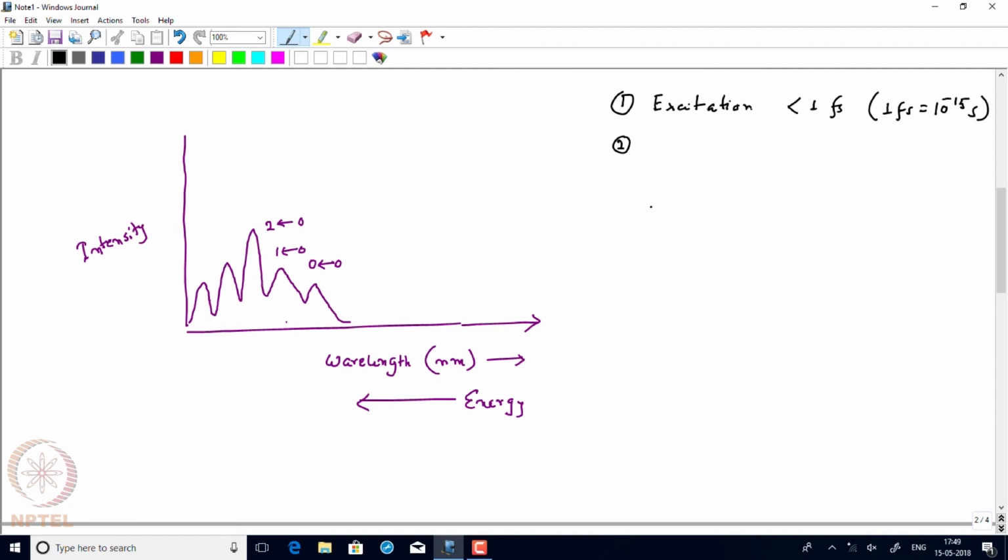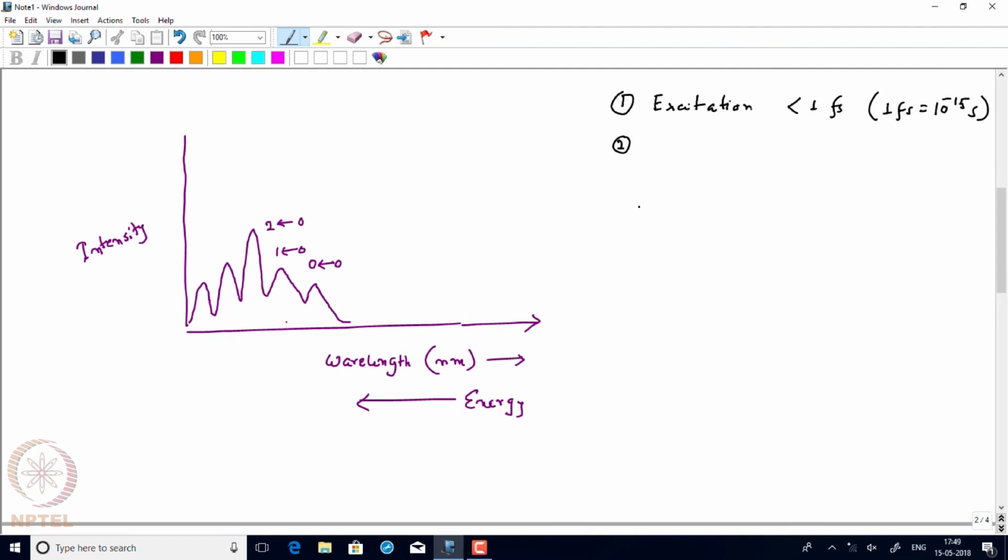We said that everything is starting from v equal to 0, but some higher v, not equal to 0, will have the maximum Franck-Condon overlap, and for that we have a particular structure in the vibrational electronic spectrum, which has a vibrational manifold.